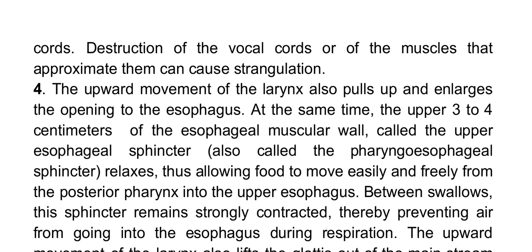The upward movement of the larynx also pulls up and enlarges the opening to the esophagus. At the same time, the upper 3 to 4 centimeters of esophageal muscular wall, called the upper esophageal sphincter, also called the pharyngoesophageal sphincter, relaxes, thus allowing food to move easily and freely from the posterior pharynx into the upper esophagus.